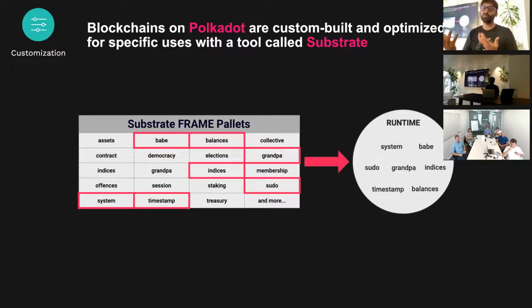Balances: you can mint tokens on your blockchain and let the balances palette handle transactions. All of these are going to come in handy if you're trying to build your blockchain using Substrate, which can eventually be plugged into the Polkadot ecosystem.